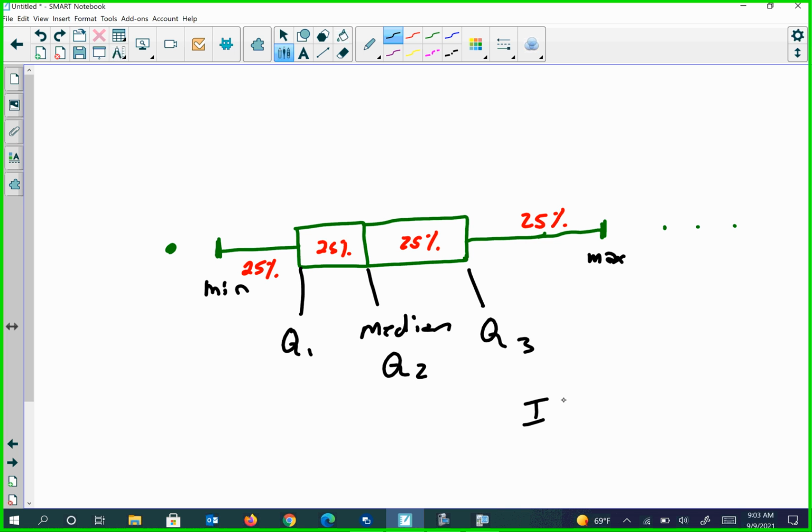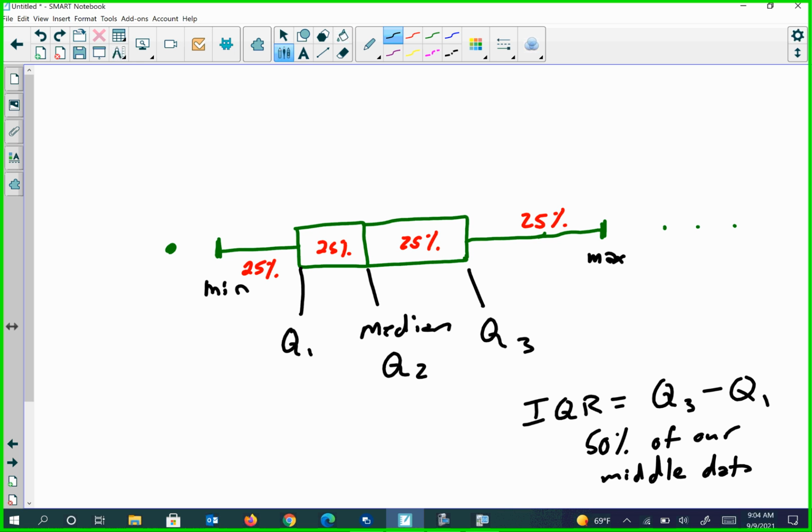The IQR is the interquartile range, which is Q3 minus Q1. And this interquartile range represents 50% of our middle data. Does that seem okay? All right.